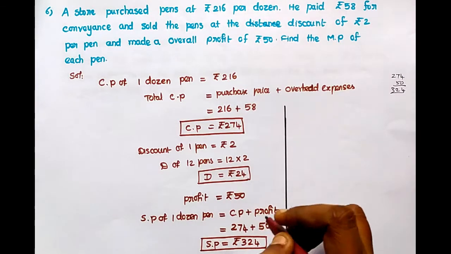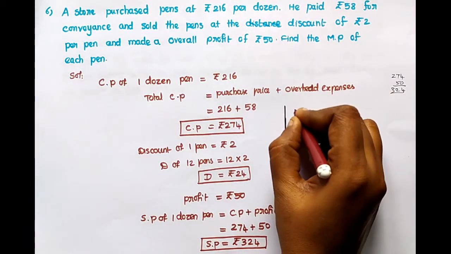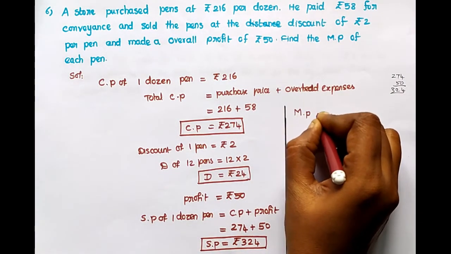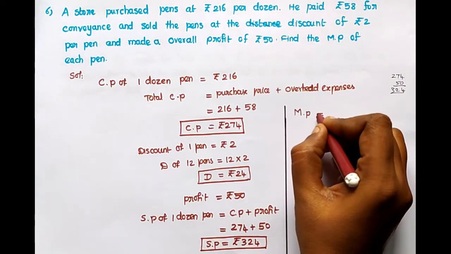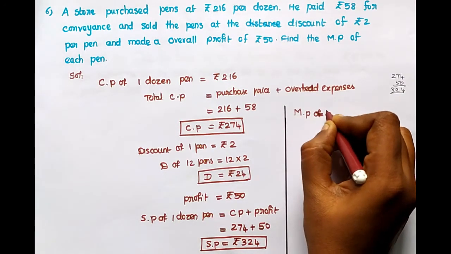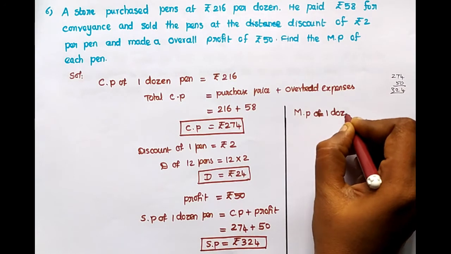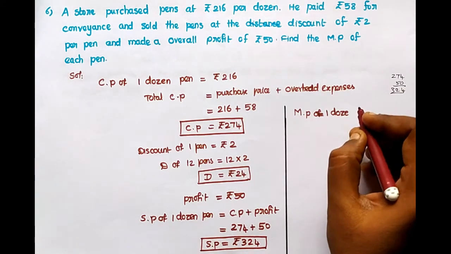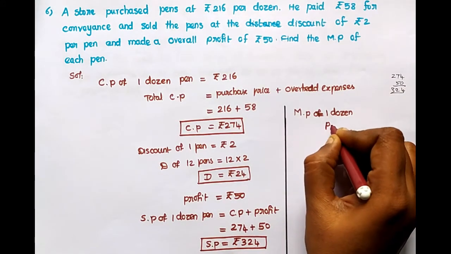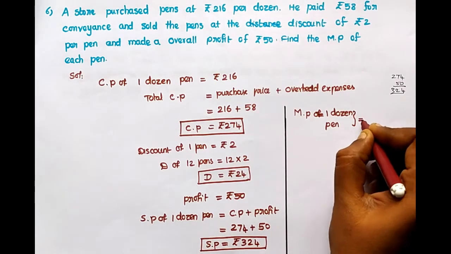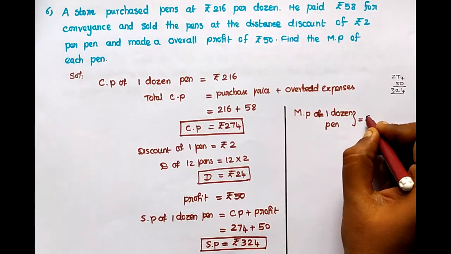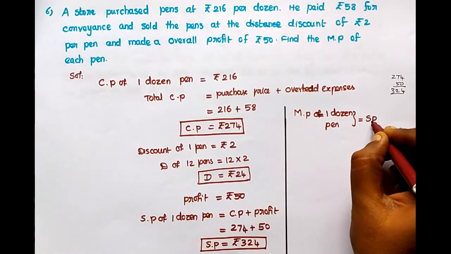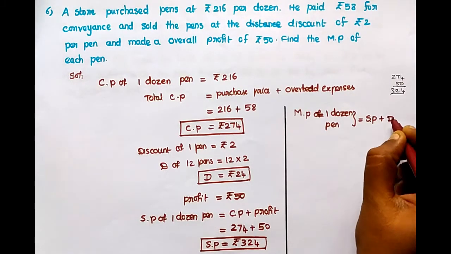Now mark price of 1 dozen pens equal to, what is the formula? Selling price plus discount.